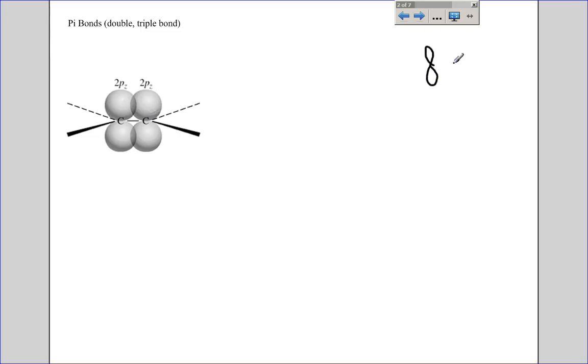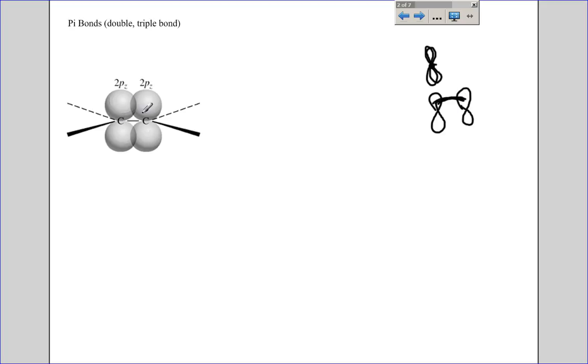If you look at two p orbitals, they cannot completely overlap with one another. The reason for that is because of the location of the nuclei. It's impossible for these two orbitals to come completely in contact with one another. So what occurs instead is a sharing of the electrons through space.